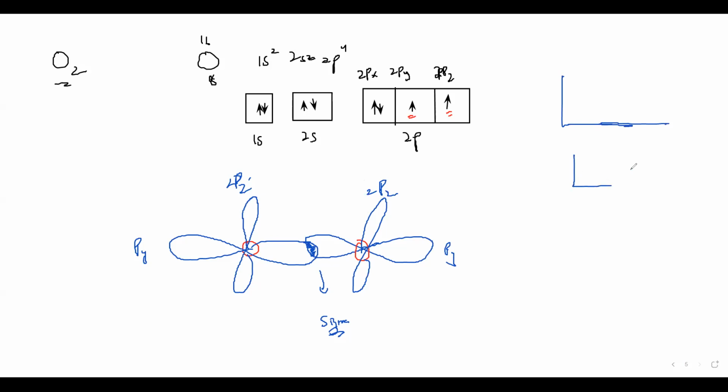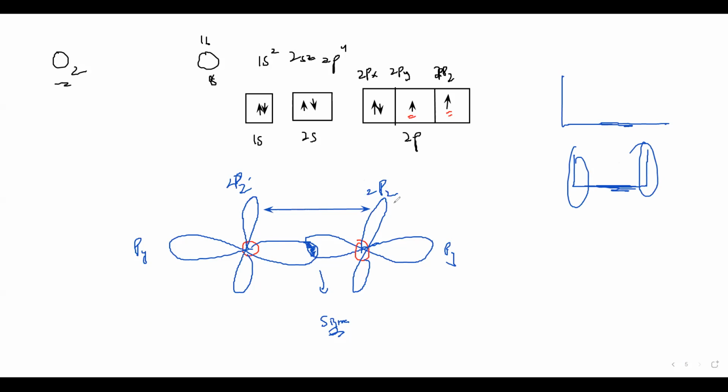Like if I have an L, and I combine the two bases of the L, then the perpendicular won't combine. The same thing happens: pz of one oxygen cannot combine head-on with the pz of another, but there is attraction, and due to this attraction, there's no overlapping, or we can say partial overlapping, but there's an attraction.